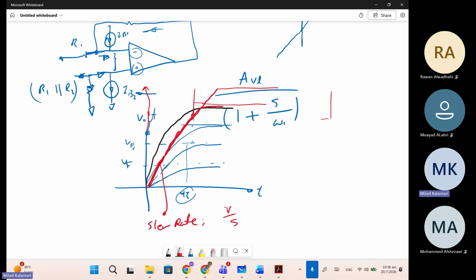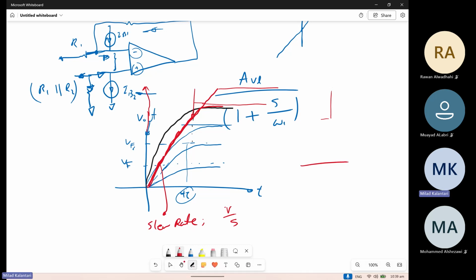Zero means it cannot change at all, right? Ideally we want it to be very sharp, but in practice it is not. So basically there are two limitings. One is that this pole limits the sharpness of the output, because the pole says the output would be similar to an exponential.